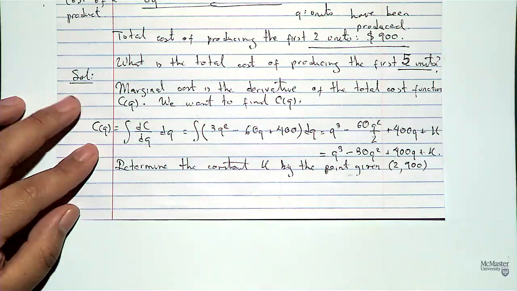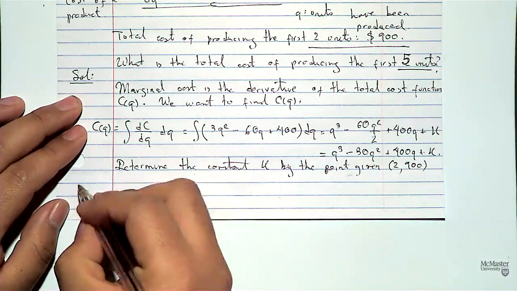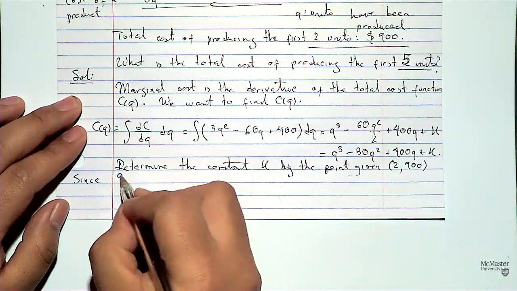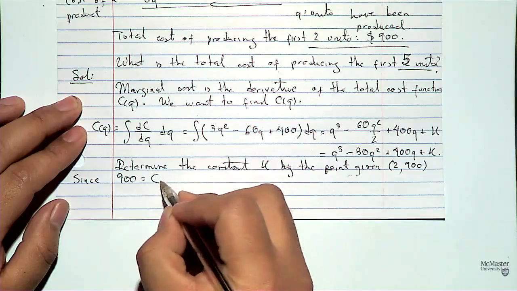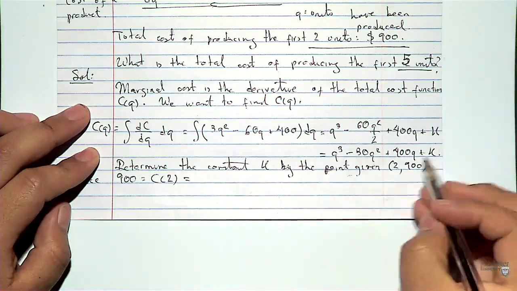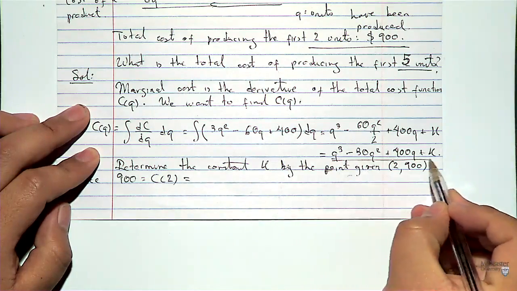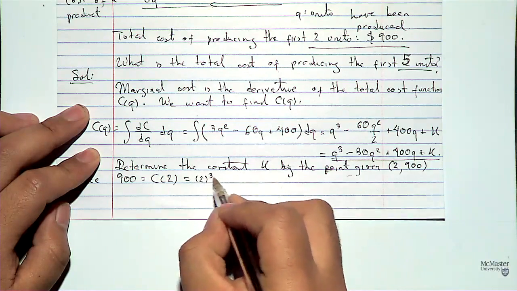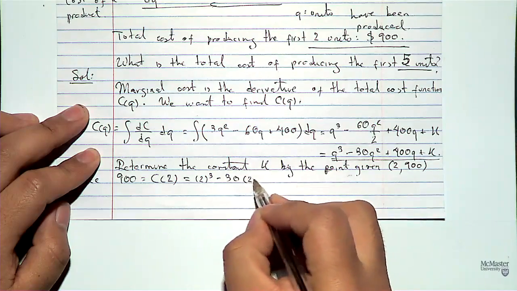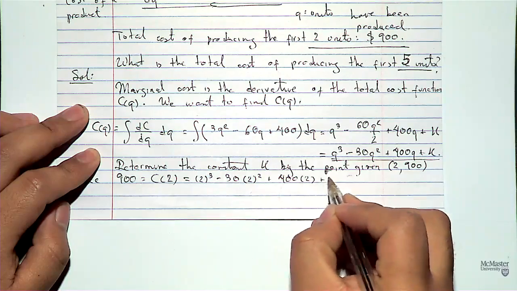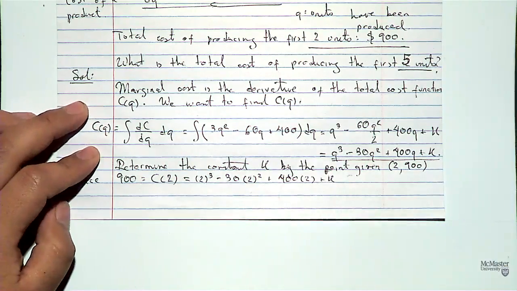So we already know that 900 is the cost function associated to the point 2. And then we only have to plug in for this function that we have already found by integration to determine k. So that is 2 cubed minus 30 times 2 squared plus 400 times 2 plus k. So this is the way we will determine k.